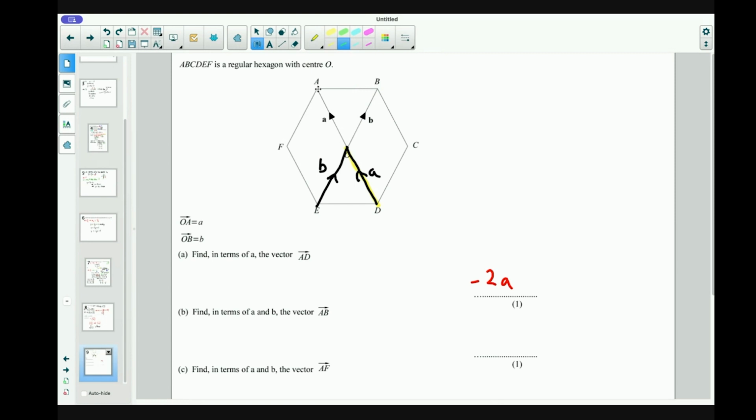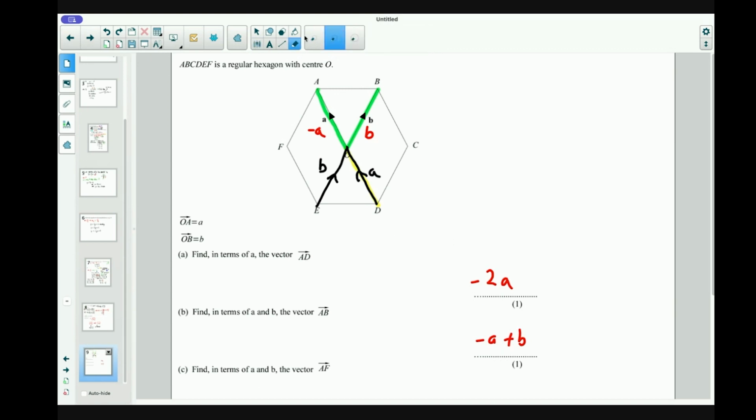To go from A to B, I actually have to go backwards towards O, and then up towards B. Since we're going backwards here, this would now be negative a, and this is still going to be positive b. So negative a plus b is absolutely correct.